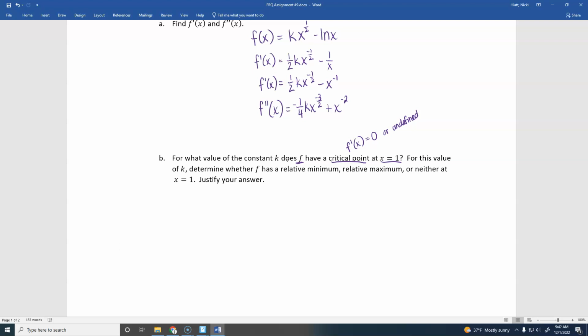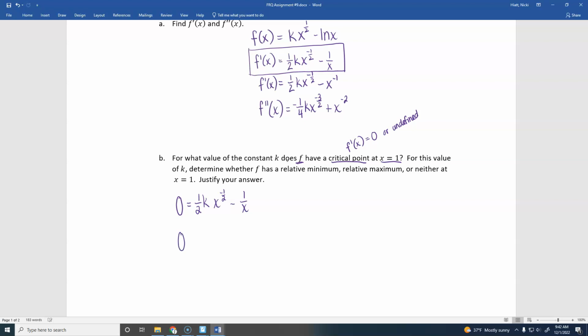So if I take this first derivative right here, I can set it equal to 0. And we know the critical point is going to be at x equals 1. So we can also go ahead and plug in 1 for our x.